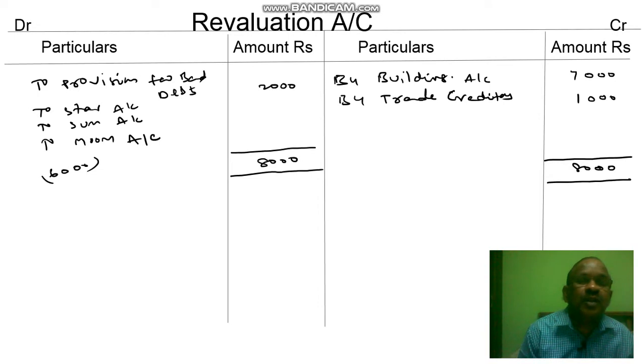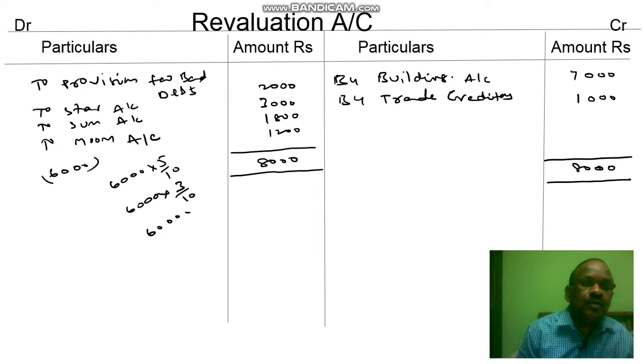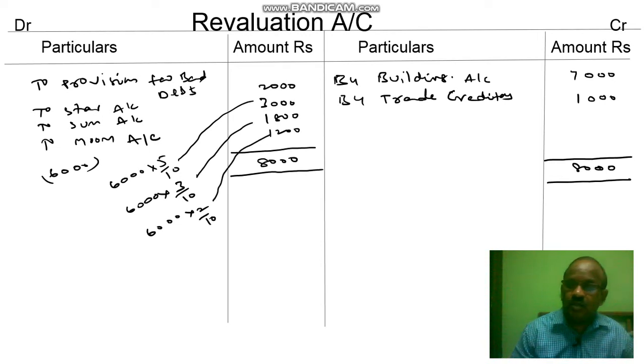So in the ratio of 5:3:2, that is 3,000, 1,800 and 1,200. 6,000 into 5/10, 6,000 into 3/10, 6,000 into 2/10. So this is 3,000, this is 1,800, this is 1,200.